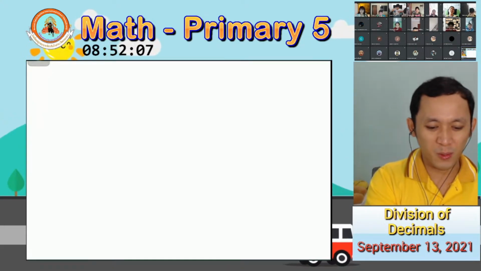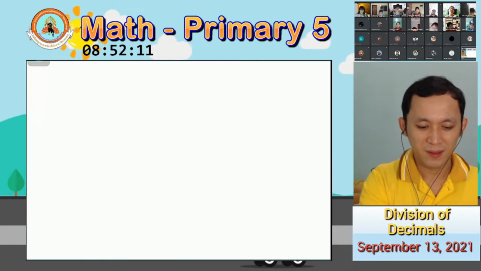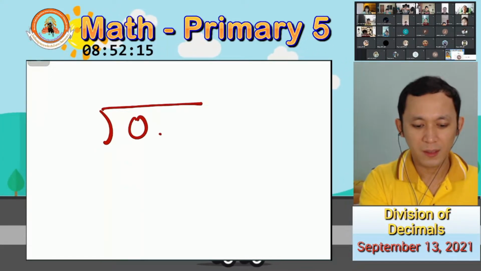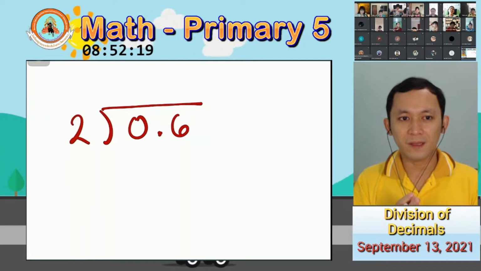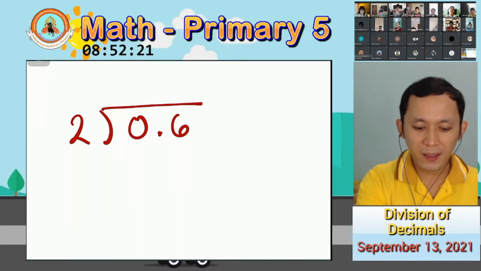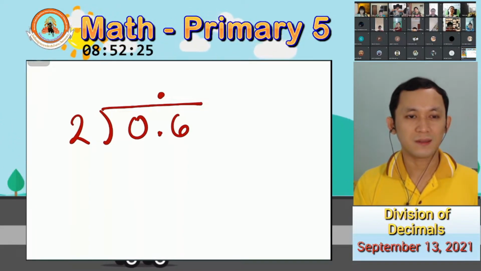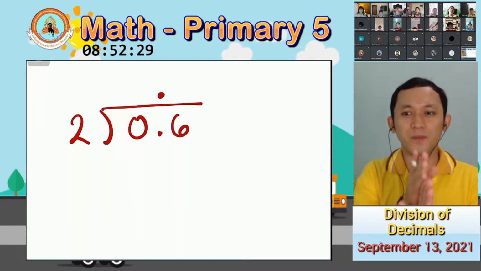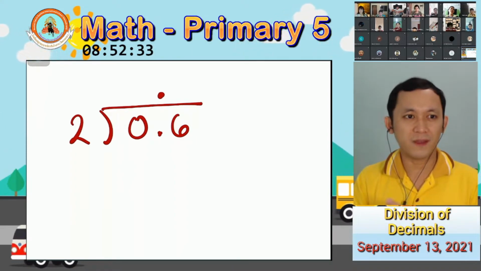So for example, I have this one, 0.6 divided by 2. I can automatically write the decimal point there. Just make sure that the decimal point is aligned with your dividend.